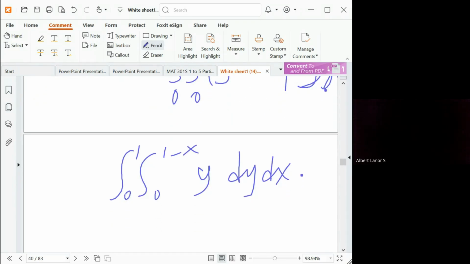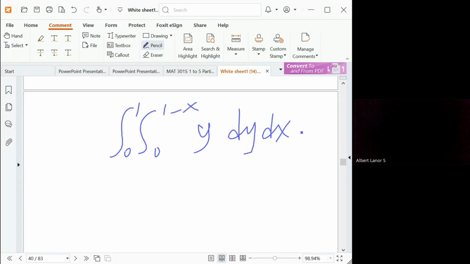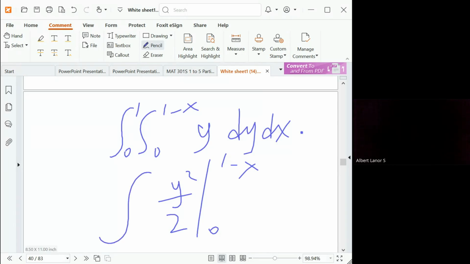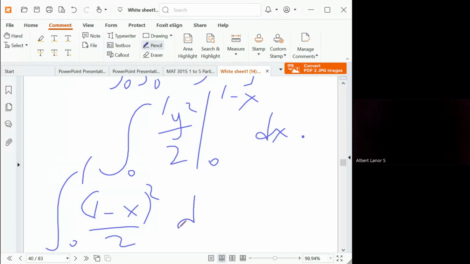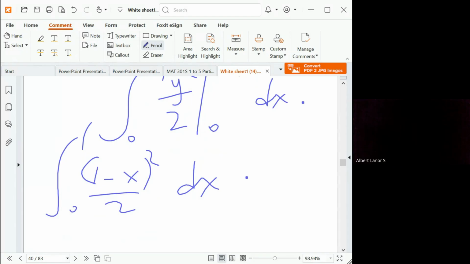That is advanced 1. Now at this point, if you integrate the y, you have y squared over 2. Then you put the limit from 0 to 1 minus x. Then you now integrate it from 0 to 1 with respect to x. So you have (1 minus x) squared over 2 minus 0. When you put the 0, it will still be 0. Now we want to integrate this function with respect to x. So you can expand that.